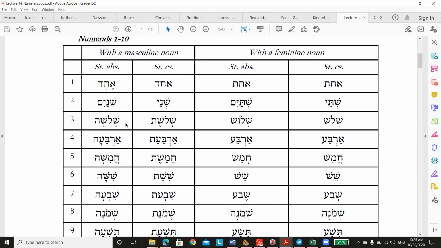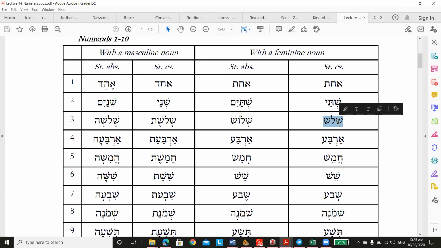It will be 3 of men. Both variants could be used. If I want to say 3 women, I have to say shalosh women. So do you see the difference?